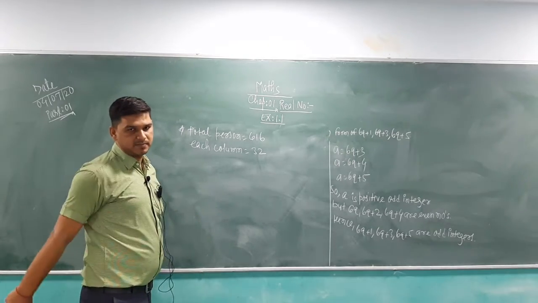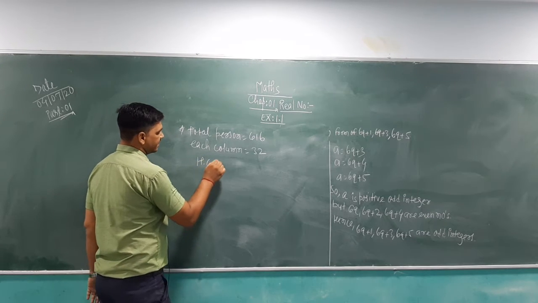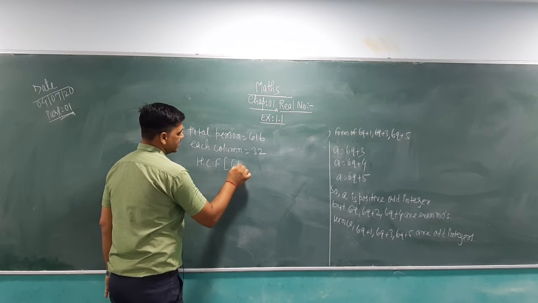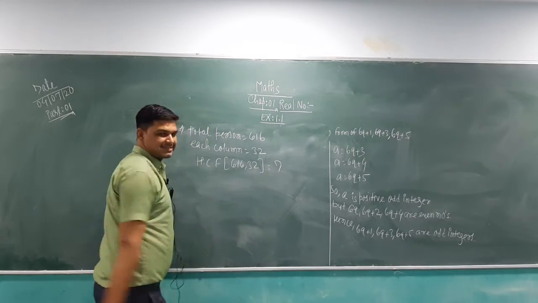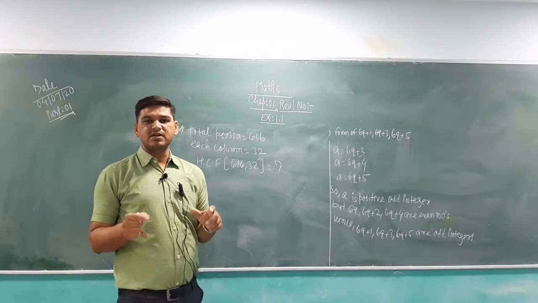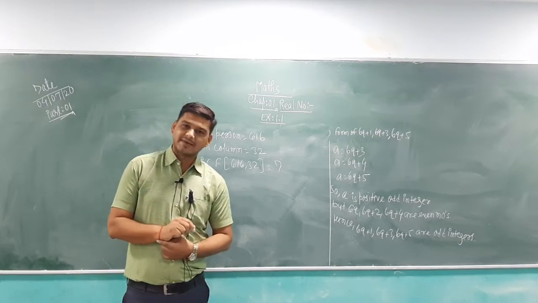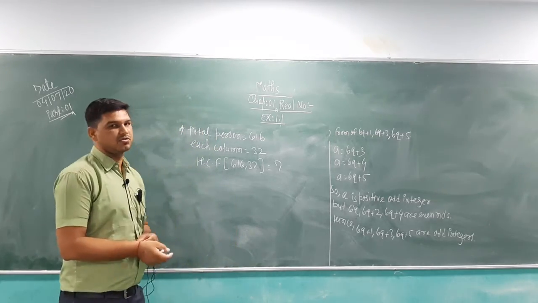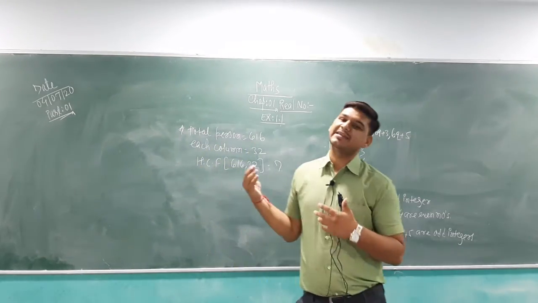How many maximum columns? We have to find the HCF of 616 and 32. Why HCF? Because the word maximum is given, so we have to find the HCF. Now using Euclid's division lemma, we can find the HCF.